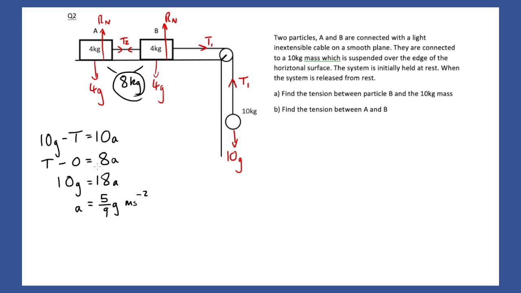Then I can put that back into the second equation. So the second equation is T equals 8a. So I do T equals 8 multiplied by 5/9 g. By leaving it in fraction, we make our life a little bit easier. It's going to become 40 over 9 g.